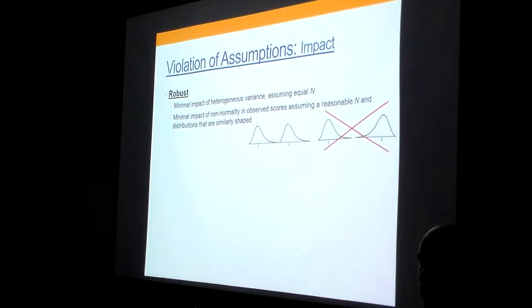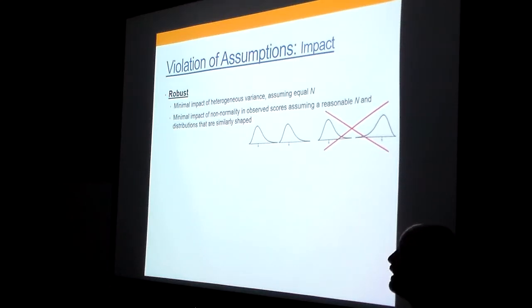As soon as we start violating those assumptions, all that goes to hell, right? We have less and less faith that our probability estimates are correct, because the t statistics that we're calculating under violation of assumptions don't have the same distribution as the t statistics that we would expect if we hadn't violated assumptions. And this is the crucial thing.